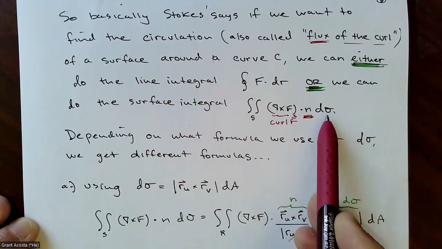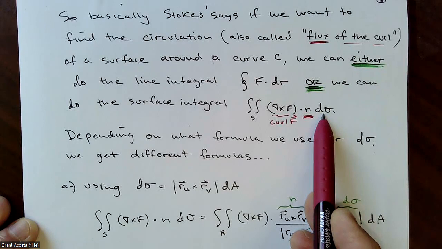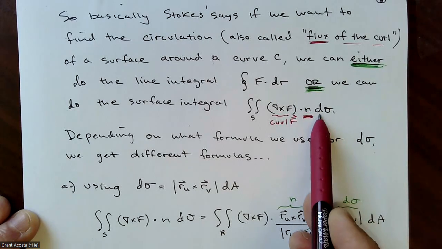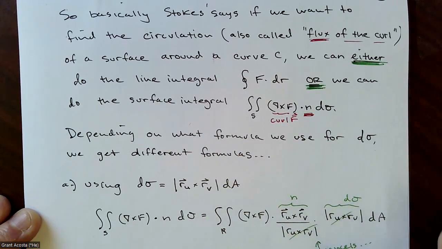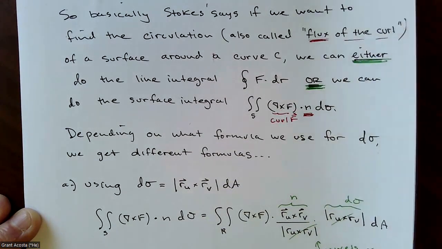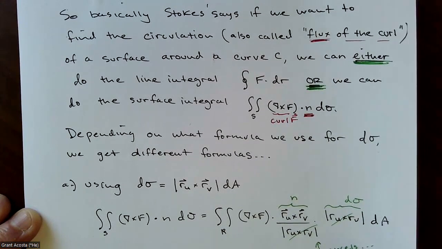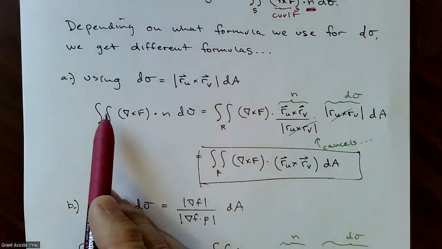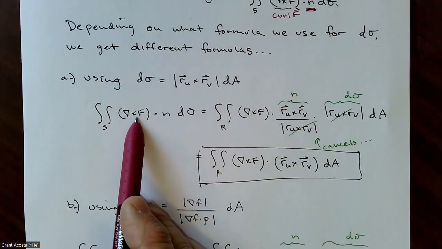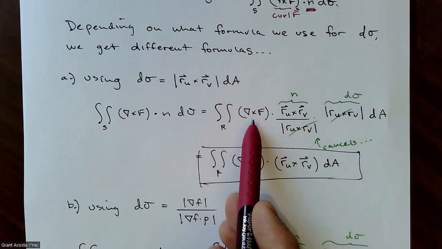And so depending on which formula we use for d sigma, the surface area differential, we can get slightly different formulas. We've seen this before in the video with surface integrals. If we use a parameterization for d sigma, then this double integral, curl of F dotted with n d sigma.